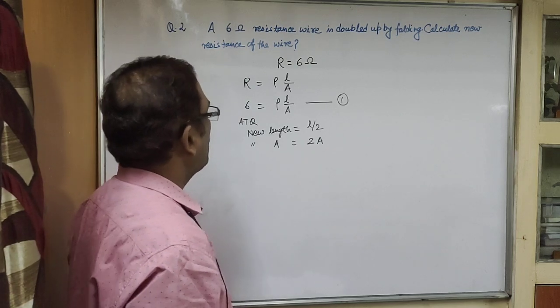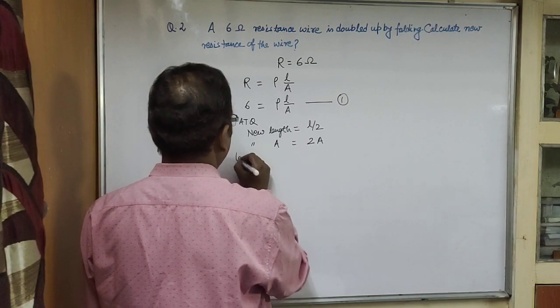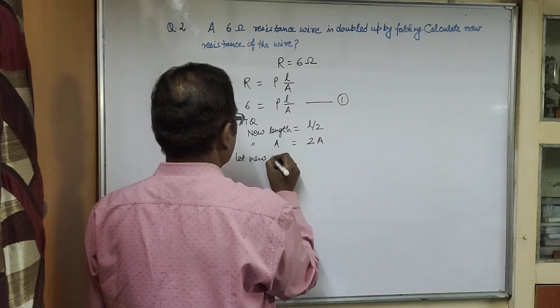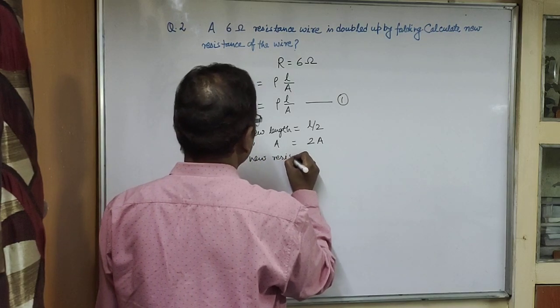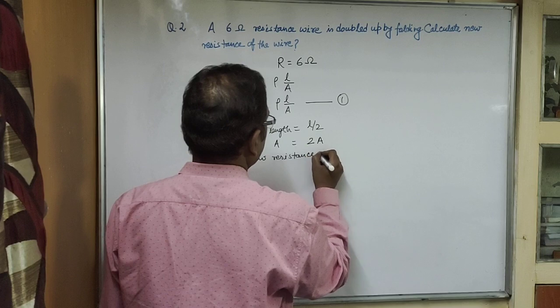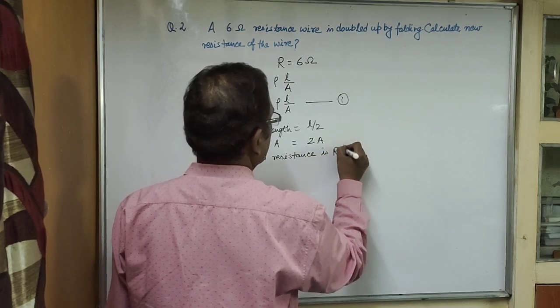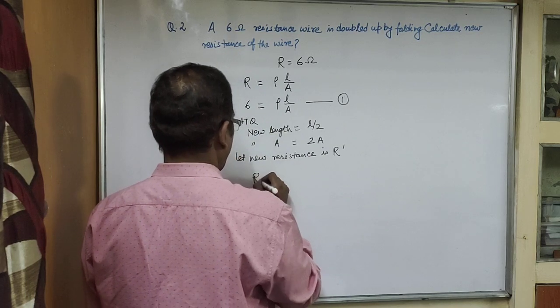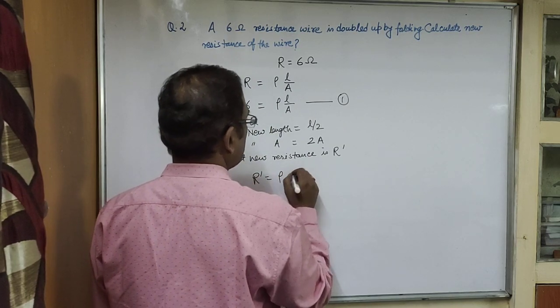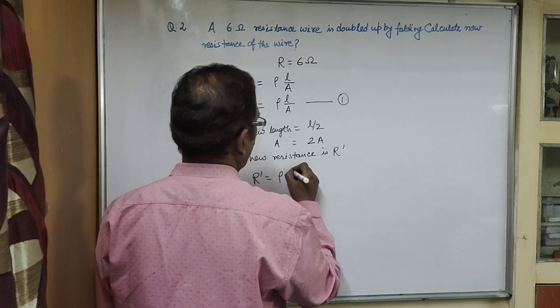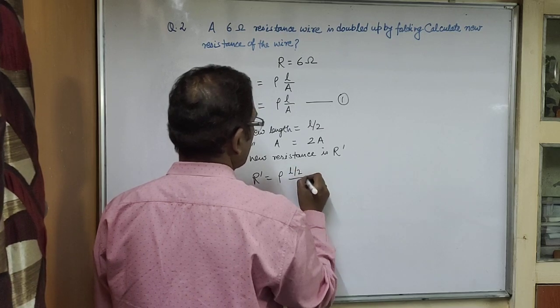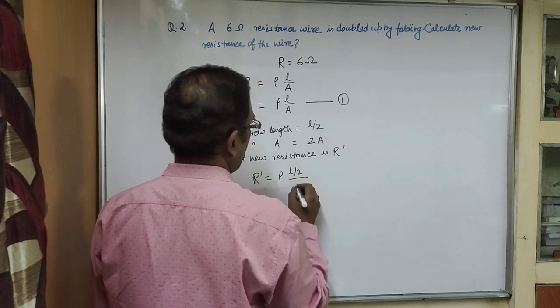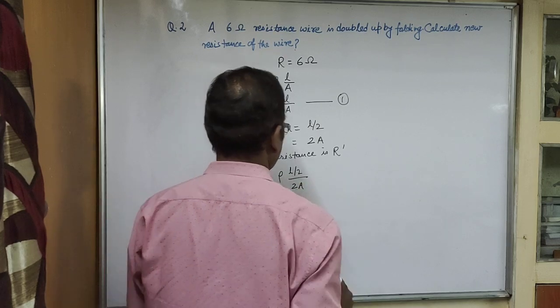So you have to calculate the new resistance. Let the new resistance be R dash. So we will write R dash is equal to rho, in place of L we will write L by 2, and for A we will write 2A.